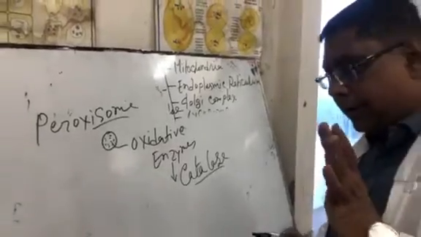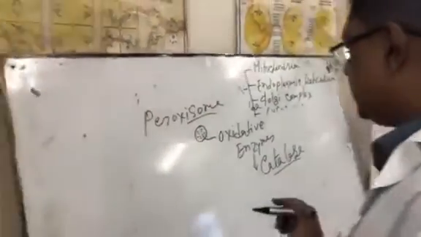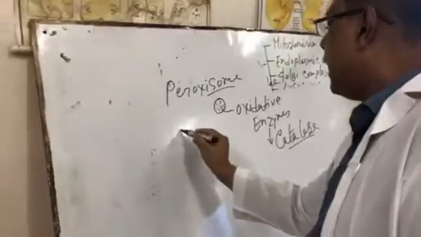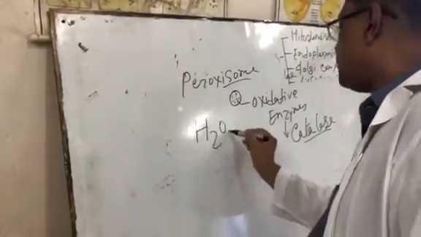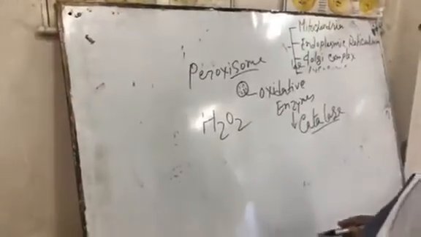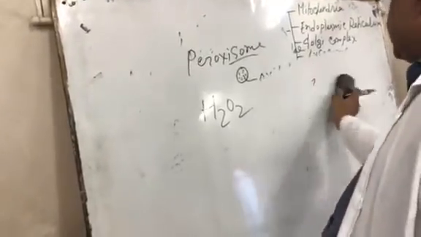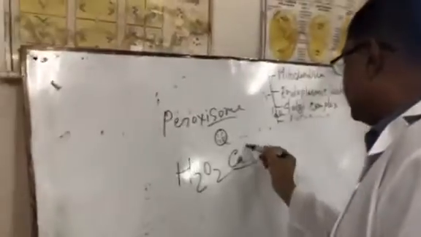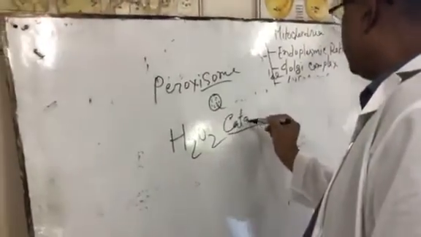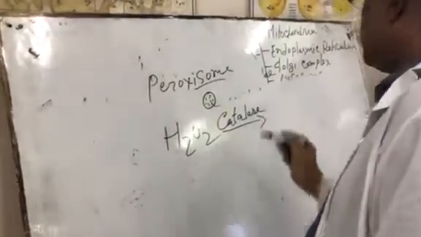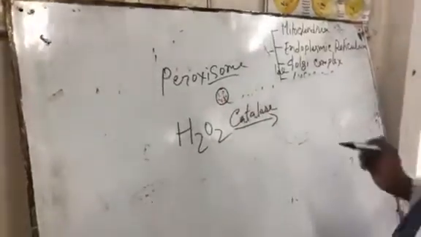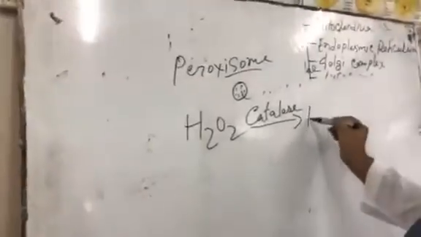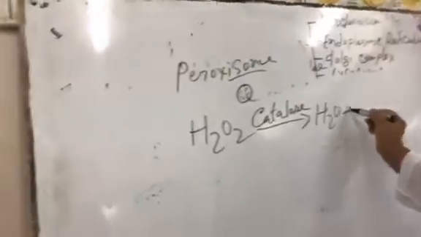One very noxious agent present in the cell is hydrogen peroxide. And this hydrogen peroxide is broken down by catalase, which is present in the peroxisome, to form water and oxygen.